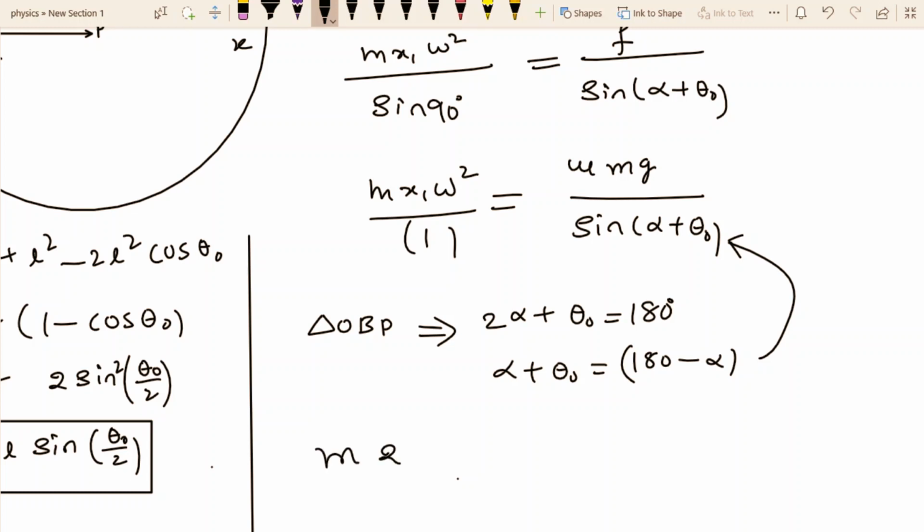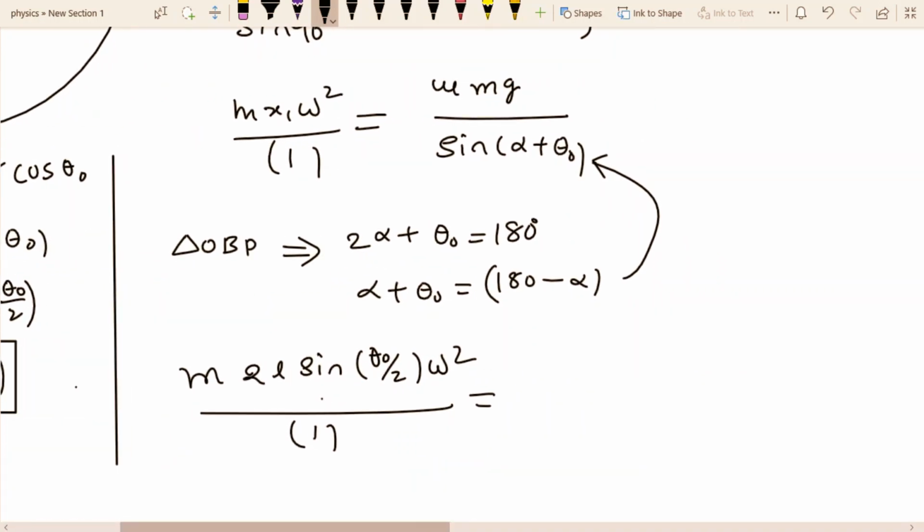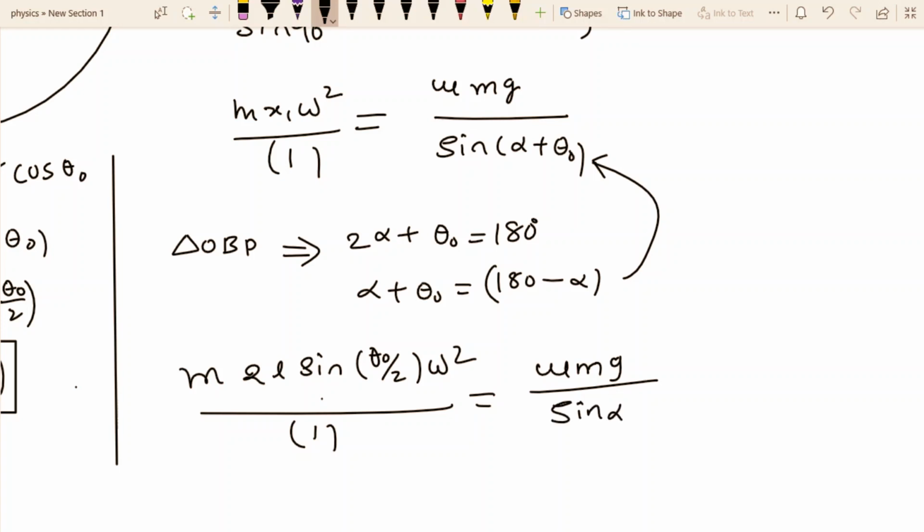m into 2L into sine theta naught divided by 2 into omega square divided by 1 is equal to mu mg divided by sine alpha plus theta naught. Instead of alpha plus theta naught, if you put the value of 180 minus alpha, again we are getting sine alpha only, because sine of 180 minus alpha is sine alpha only.